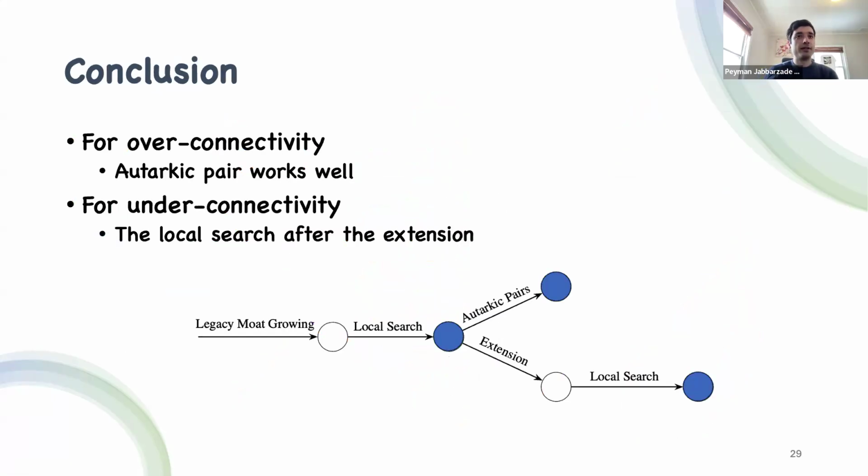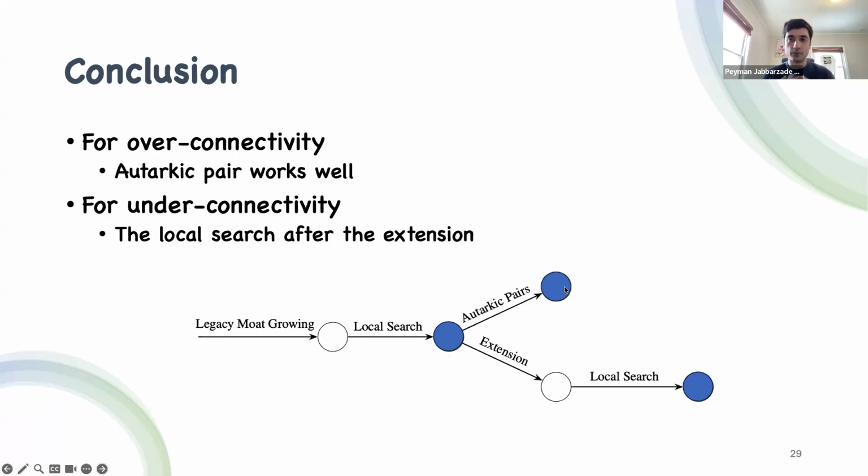So this is the general idea of our work. Basically, we first find the solution through the local search, which, if our component is similar to the optimal solution, which is the case for Steiner tree, we would have a good solution. But if we are over connecting, we can use autarkic pairs to find a good solution.